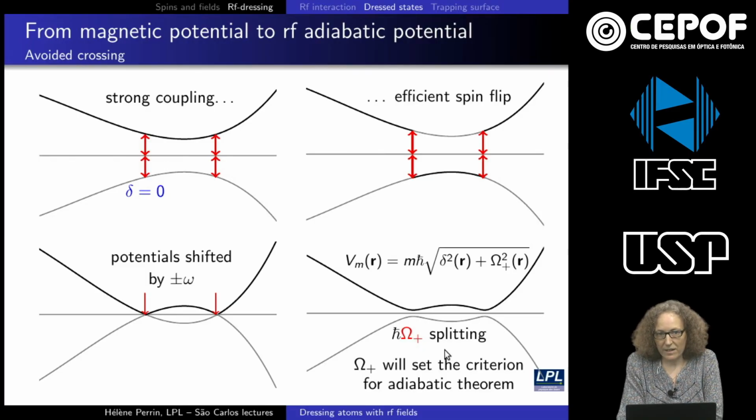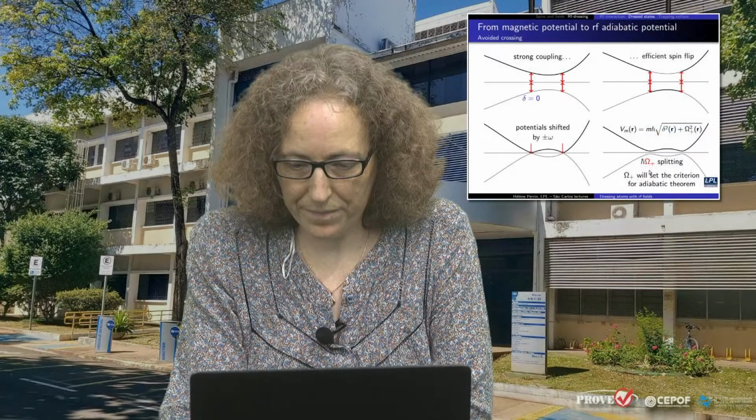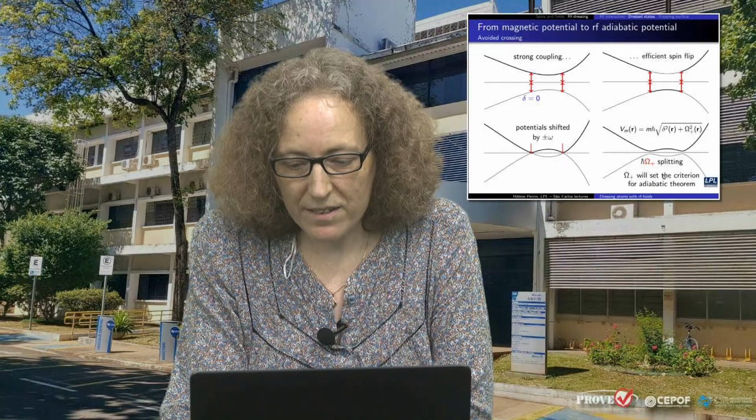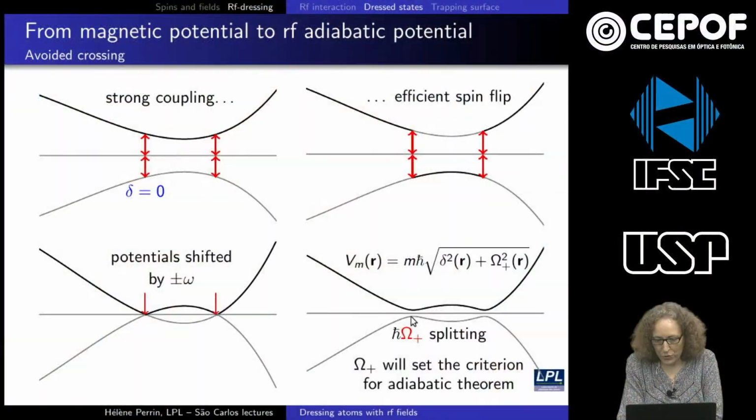So this projection on the sigma plus polarization of the RF will set us the criterion for the adiabatic theorem to apply. You need the splitting omega plus to be large enough with respect to the typical variations of the states for adiabatic states to be valid.